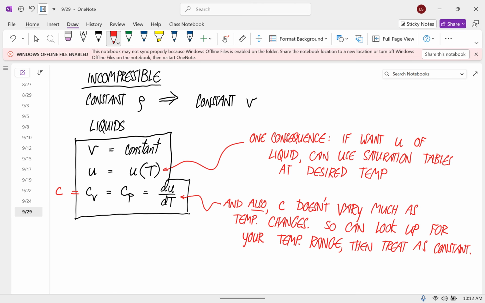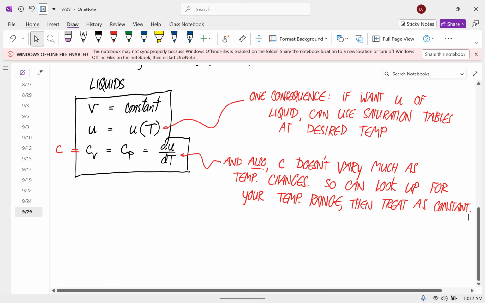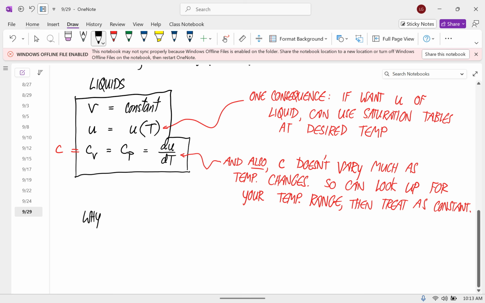So the first thing I want to say is, I want to just point out why these are true for incompressible materials. Why are CV and CP equal to each other and equal to just the total derivative of the specific internal energy with respect to temperature?